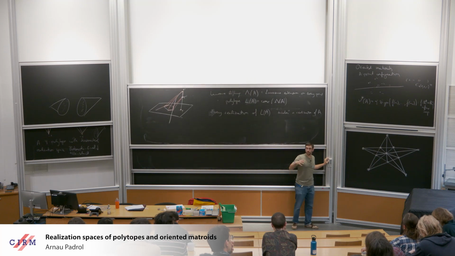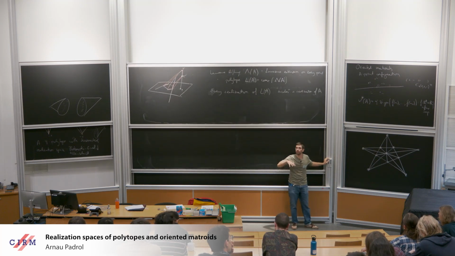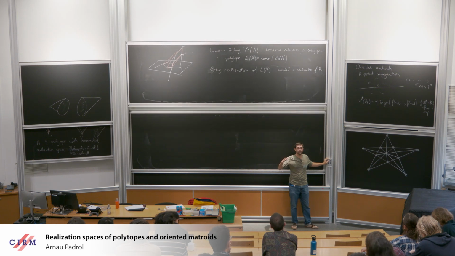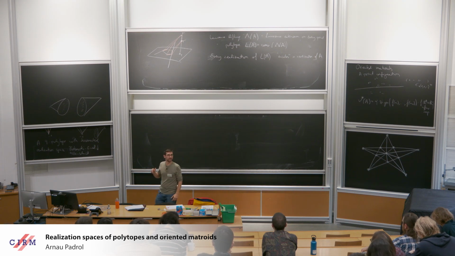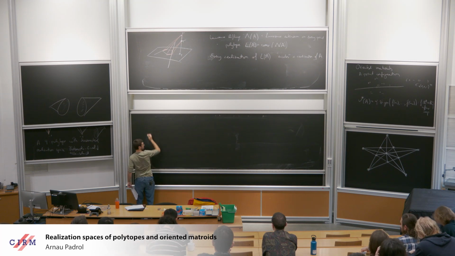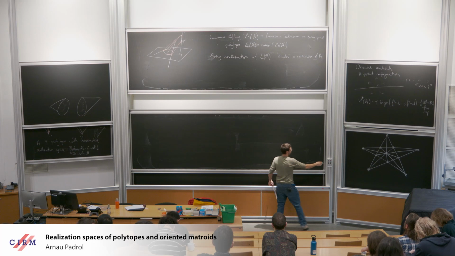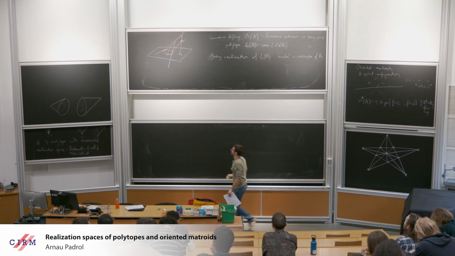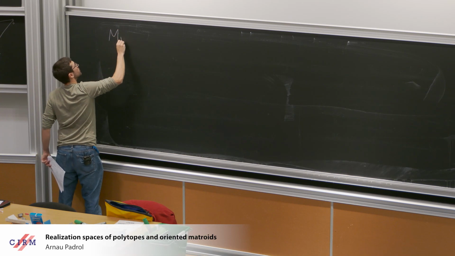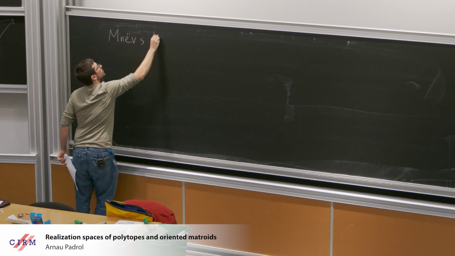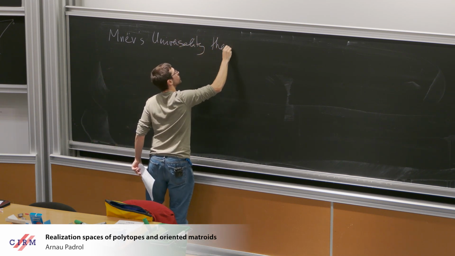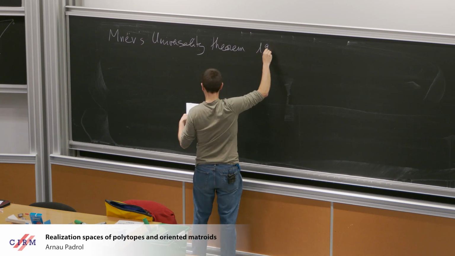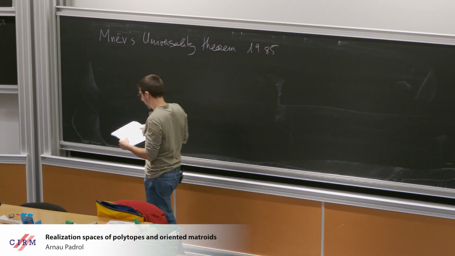And all these symptoms will be encapsulated into one big hammer, which is Mnëv's universality theorem, that says anything bad you can imagine, you can find it in the realization space of a polytope. Okay, this is Mnëv's universality theorem. It's 1985.